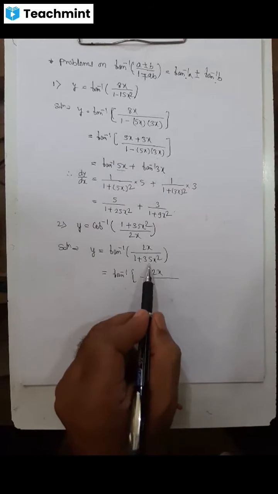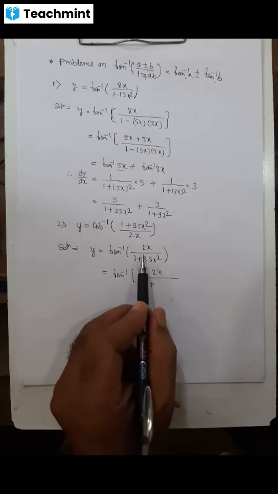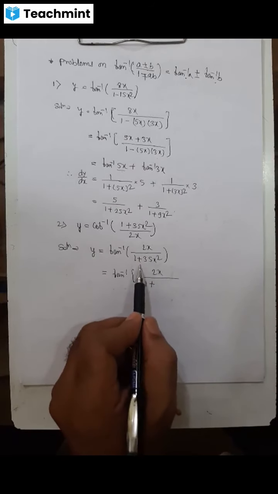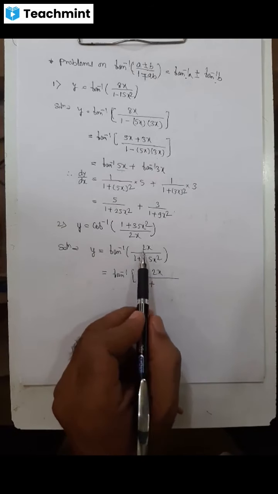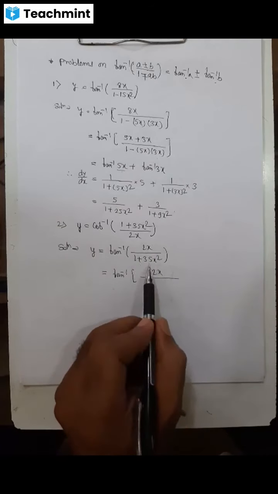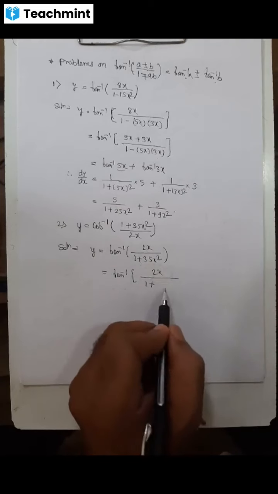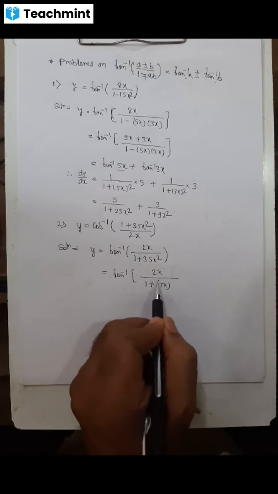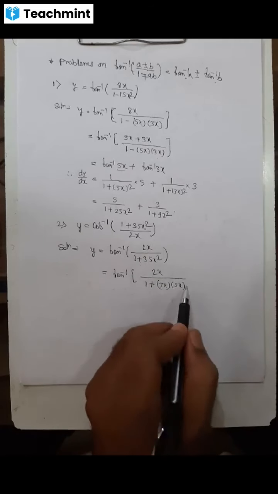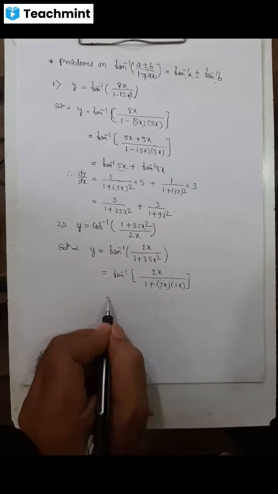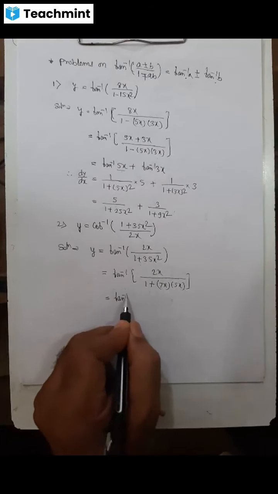Now we have to factorize 35x square such that their difference is 2x. In the denominator there is a plus sign, then definitely in the numerator there must be a minus sign. So in the numerator there is a difference. So factorize 35x square. The factors are 7x and 5x, right? 7 minus 5 means 2. And write in terms of the formula tan inverse.